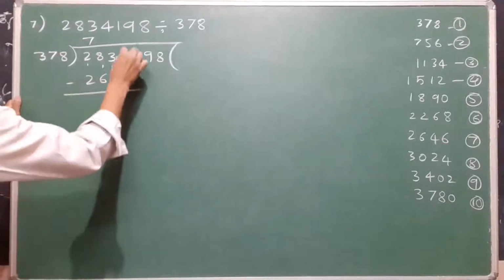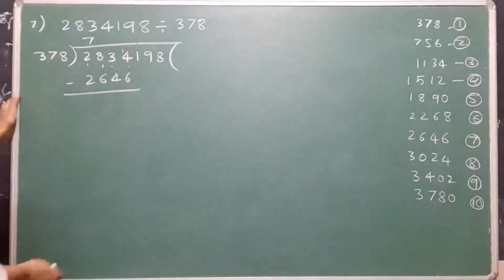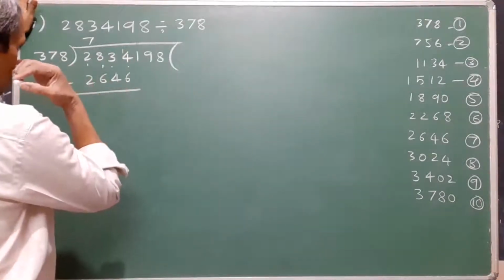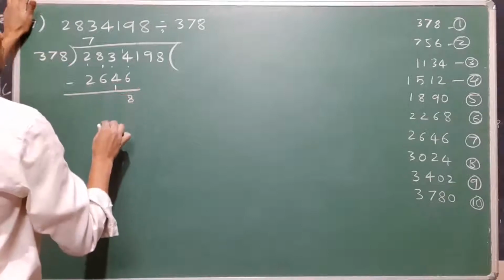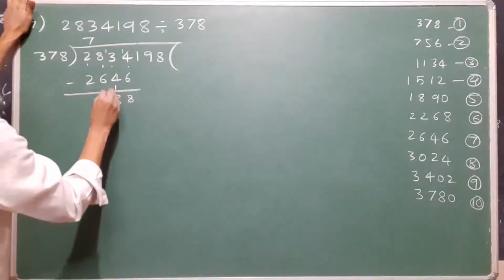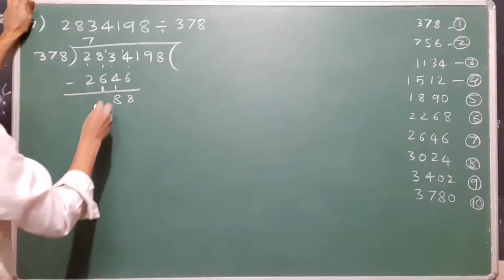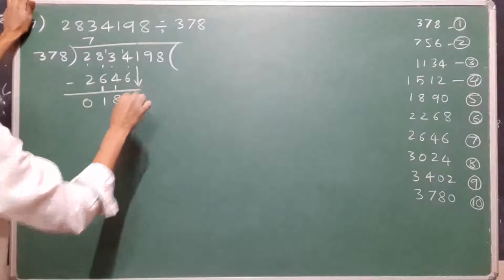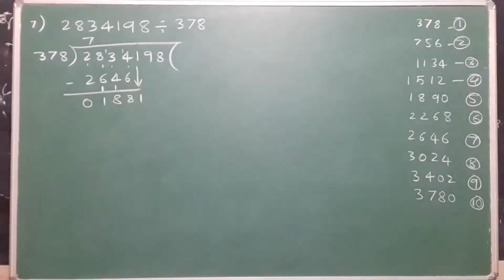Now subtract this one from this one. 14 minus 6 is 8. This one is 13 minus 5 is 8. 8 minus 7 is 1. This is 0. Take the next one down and right here, it becomes 1881.